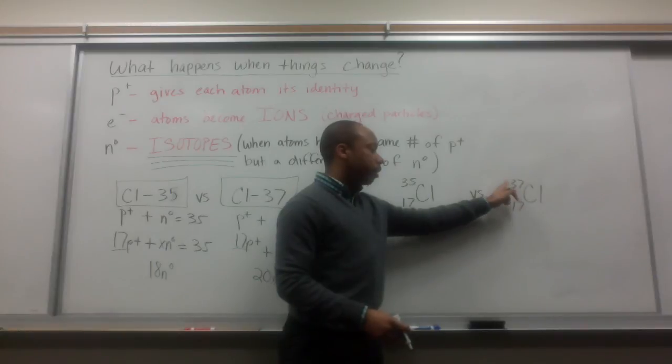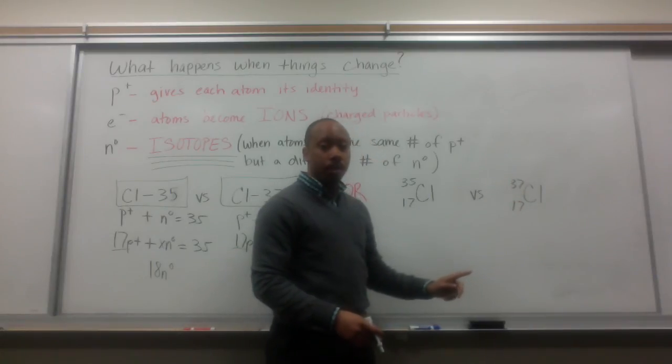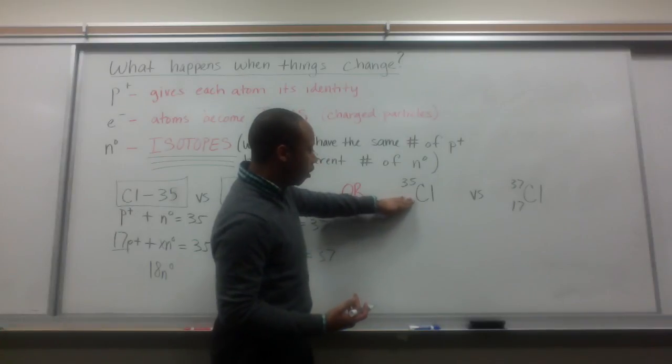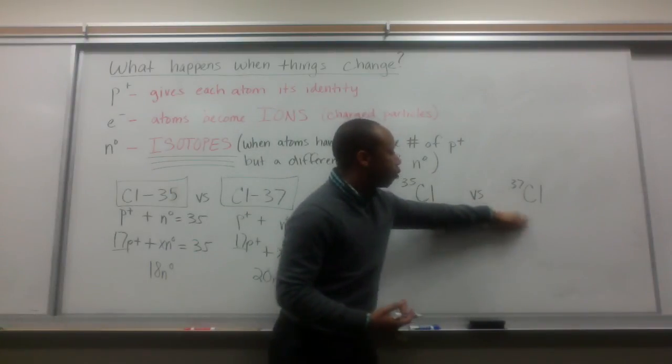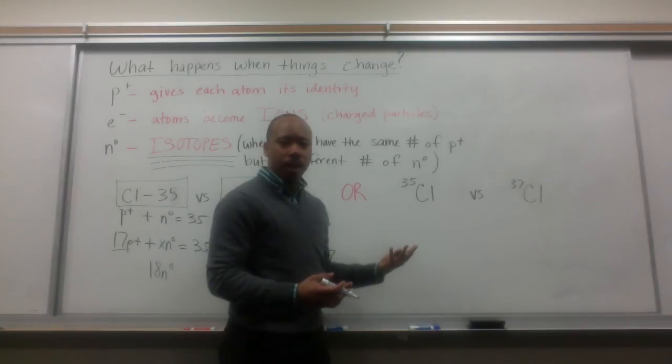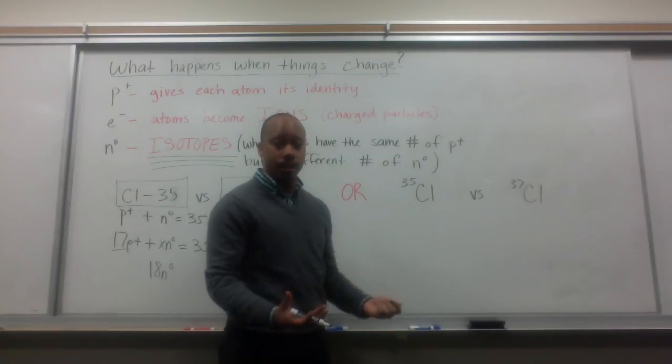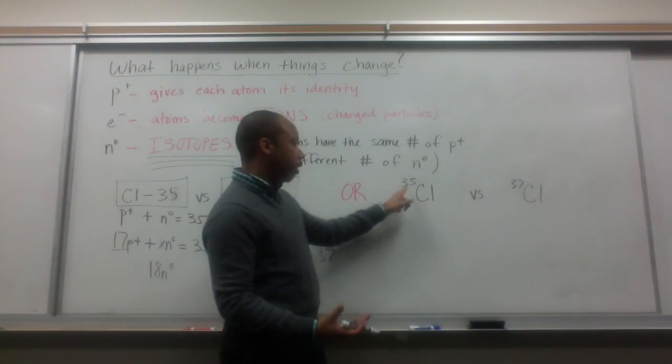And the same thing here, 37, 17. In some examples, you might not even have the atomic number, and that's okay because we know that chlorine always has 17 protons, so there's really no reason to write it. What we're really interested in is the mass number.